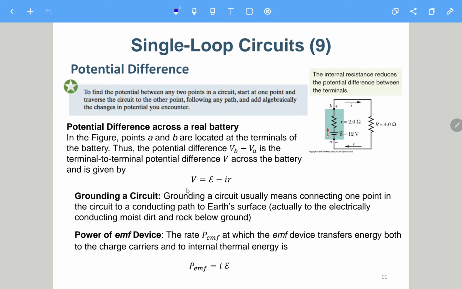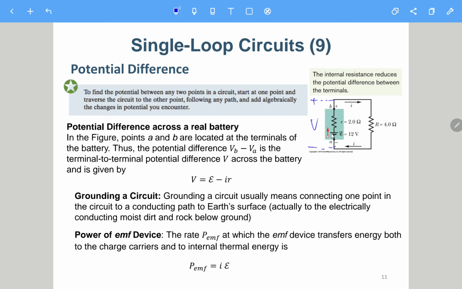Okay, so here, actually I just mentioned it already, and here you can see the current is I, and then we start from here to here. Actually, we consider the potential difference is from this node to this node. This is the V across the real battery.